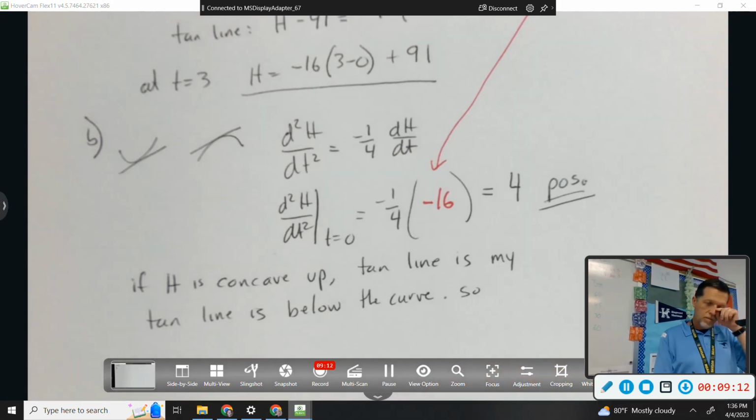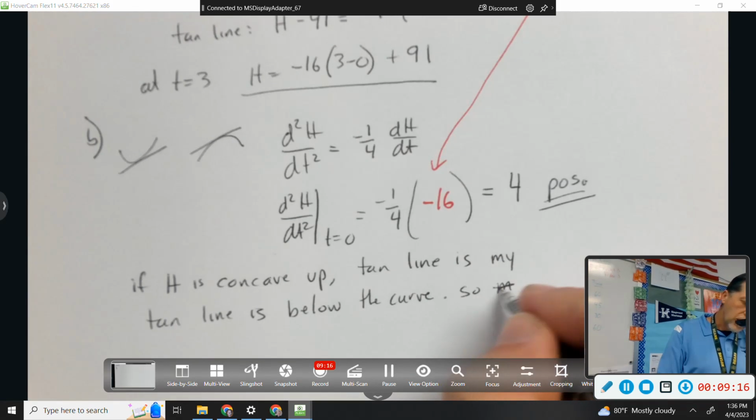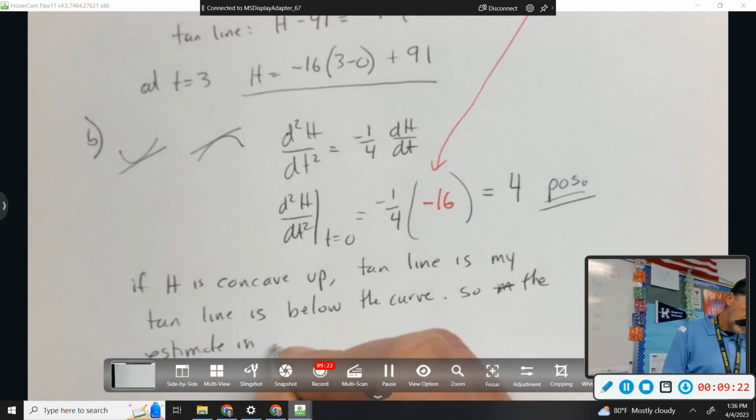So my estimate is an underestimate. So the estimate in part A, I guess I could just say the estimate is an underestimate.